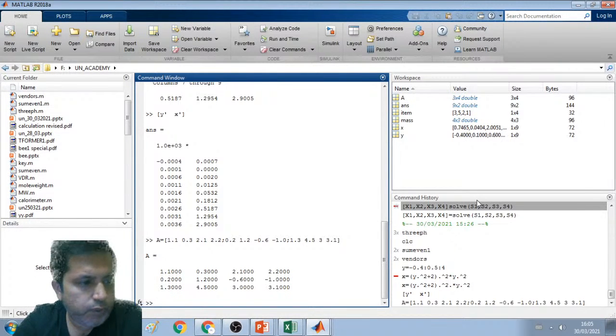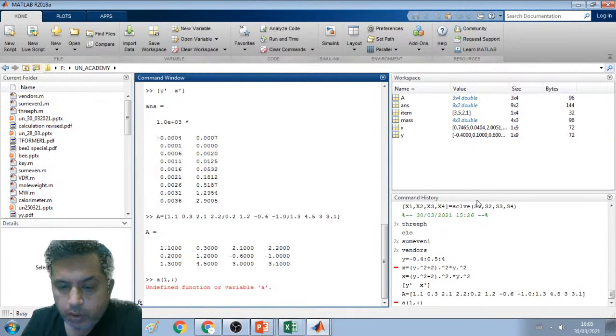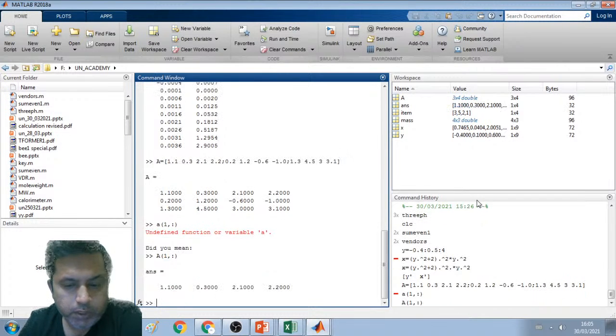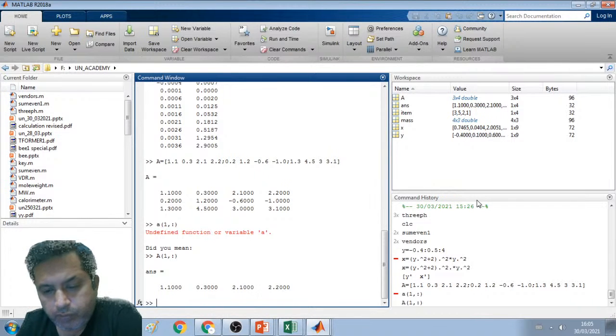We need to find out first of all A(1,:). Okay, oh sorry. Yeah, A(1,:). 1 means first row all columns.